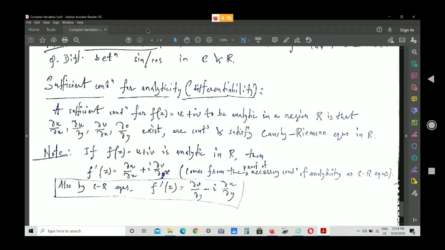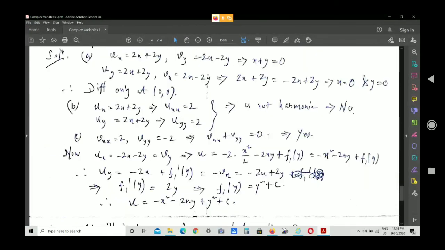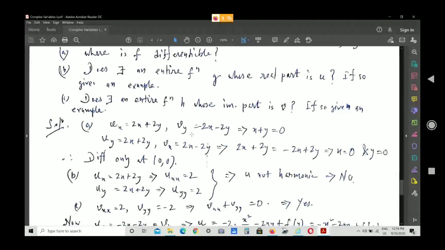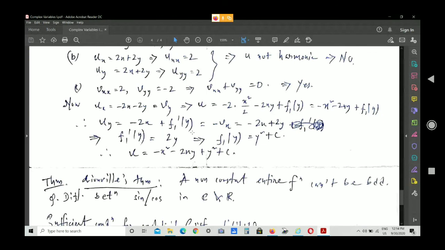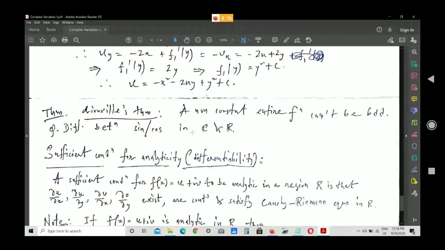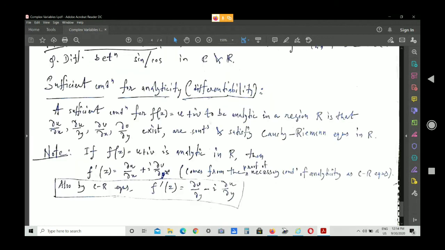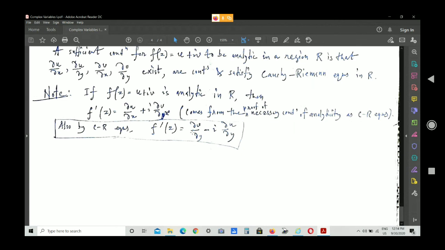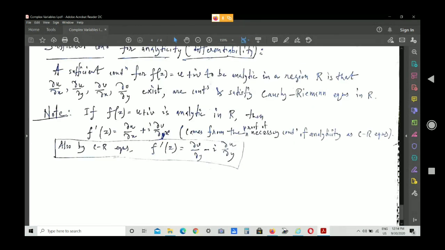Try to understand these things: analyticity, differentiability, what a harmonic function is, and its connection with analytic functions. Understanding complex analysis will take some time; you have to give some effort. Of course, if you just want to pass the exam, that will not be difficult, particularly in this situation.